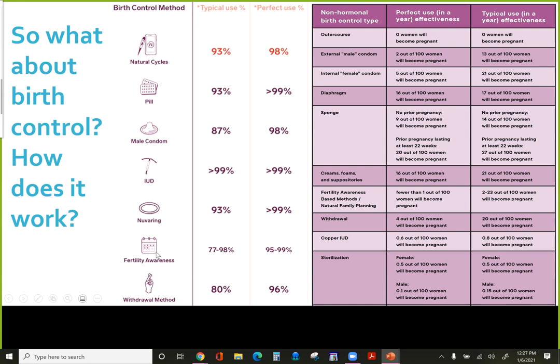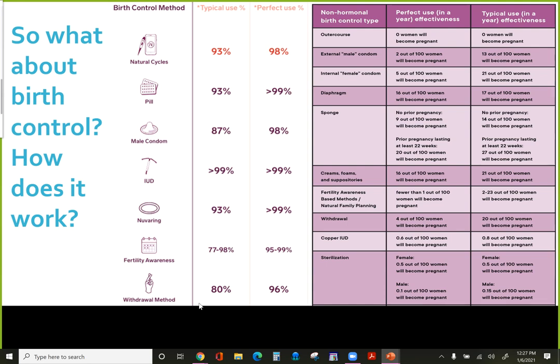There's fertility awareness, which is kind of the same thing as natural cycles. However, if you're not being very specific and precise in tracking your cycles, using a logger, using an app, tracking your temperature, and you're just counting days with no backup, it's not very effective. And then there's always the pull-out game, right? And that's the least effective.